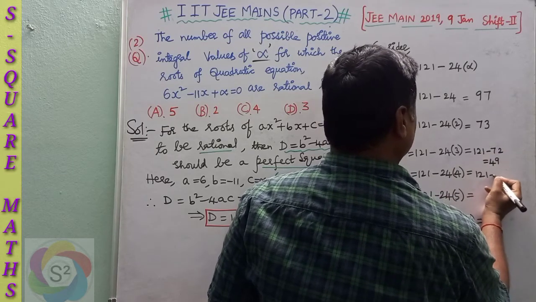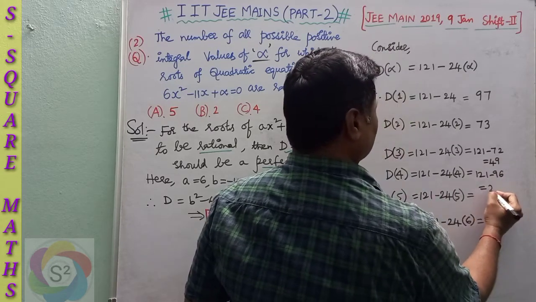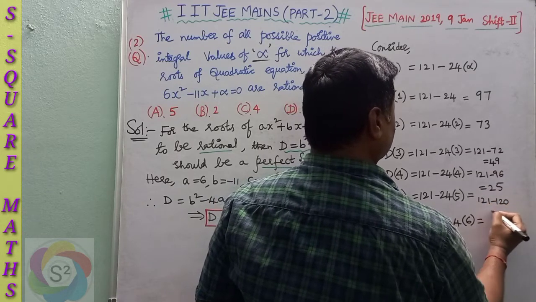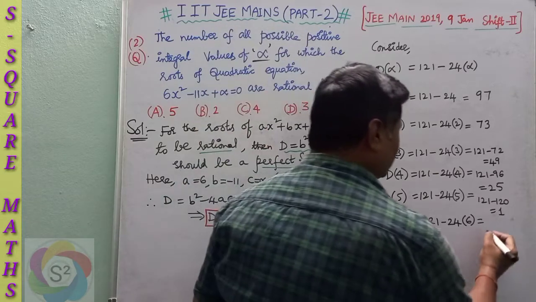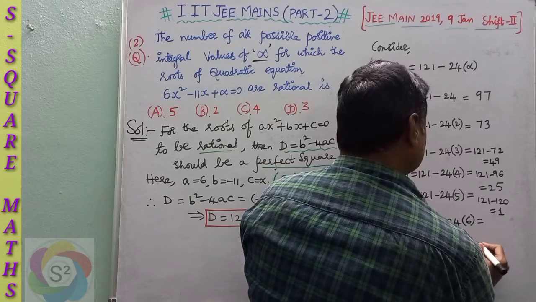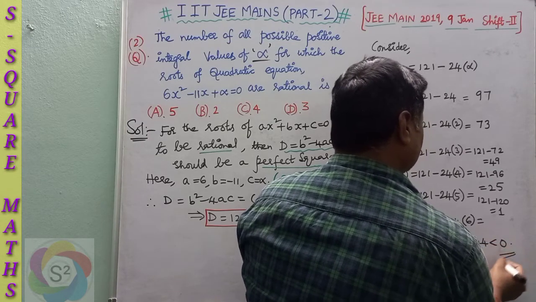Next 121 minus 96, so you are going to get 25. Next 121 minus 120, you are going to get 1. And here 121 minus 144, you are going to get a negative value here.